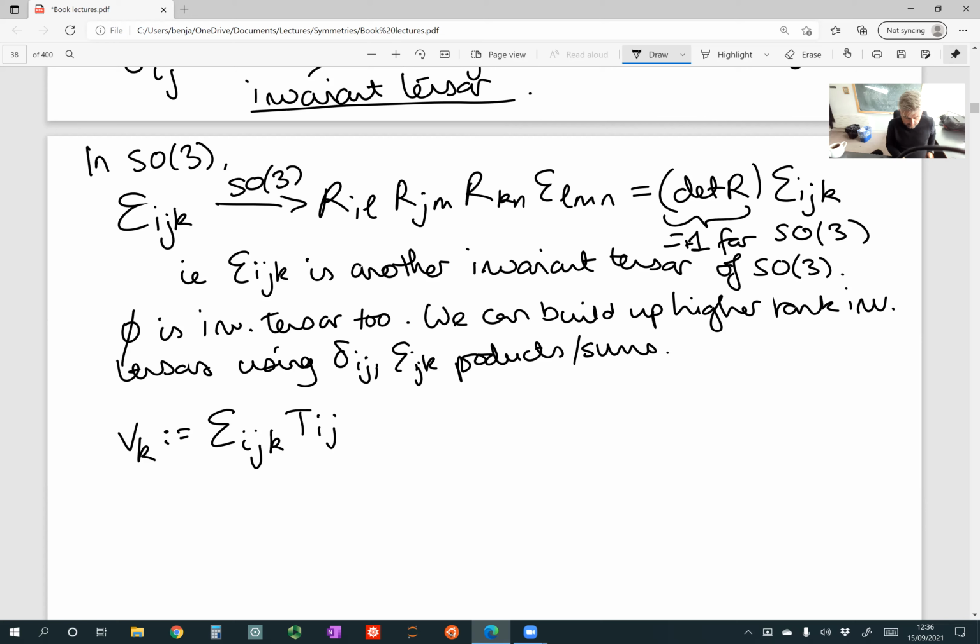The important thing here is that it's the unsummed indices that matter, and summation over an index, as we'll see, cancels out its effect. So for this, we get 3 R's for the epsilon, 2 for the T.